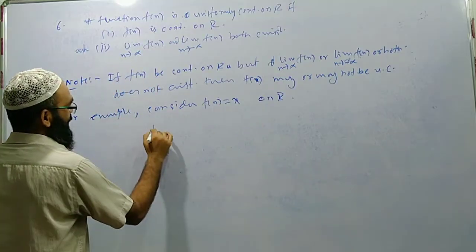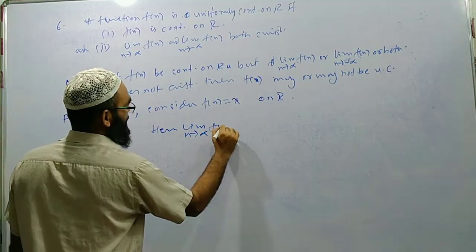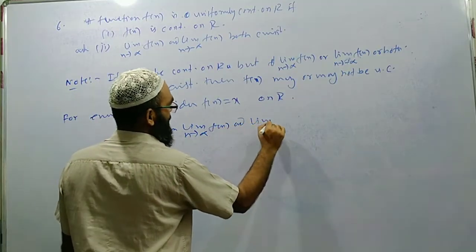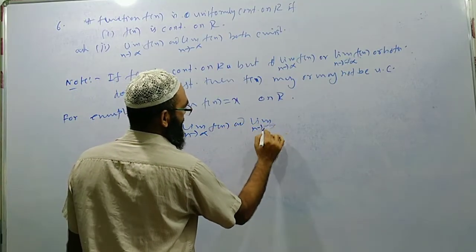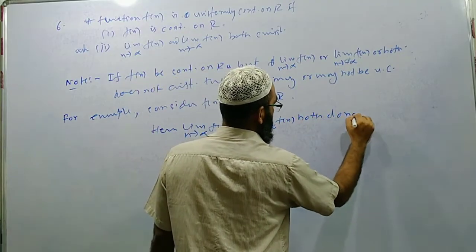Here the limit as x tends to infinity of f(x) and the limit as x tends to minus infinity of f(x) both do not exist.